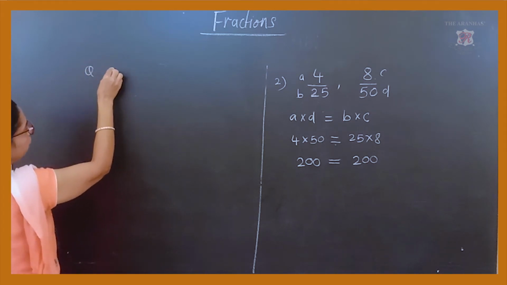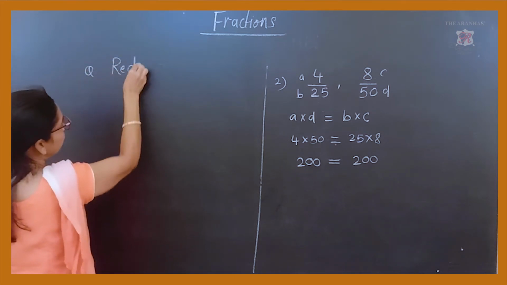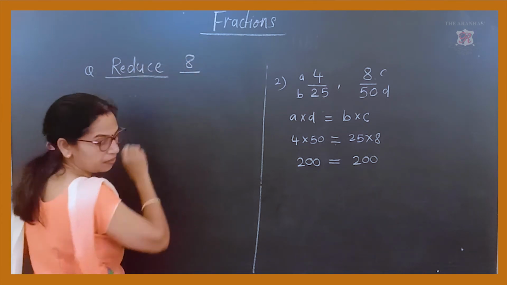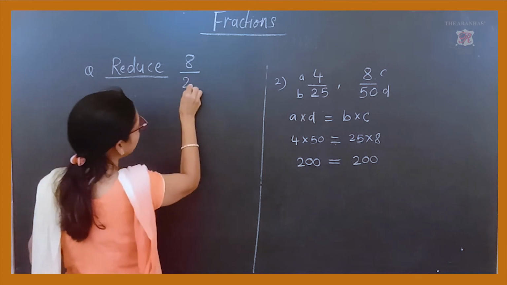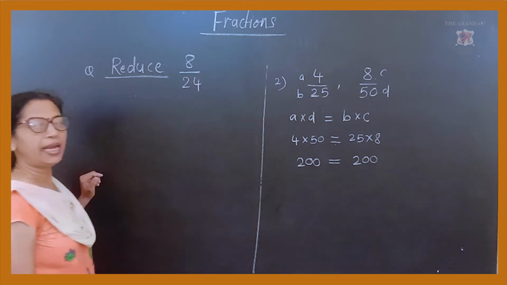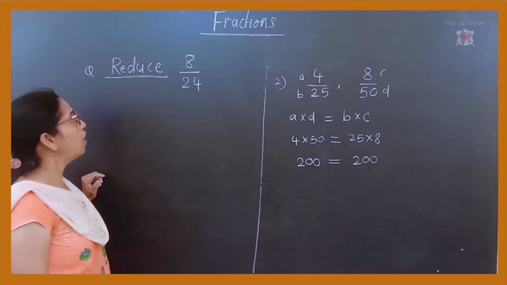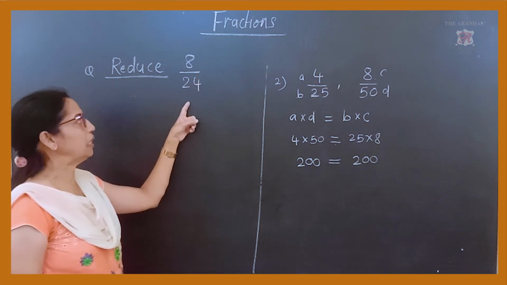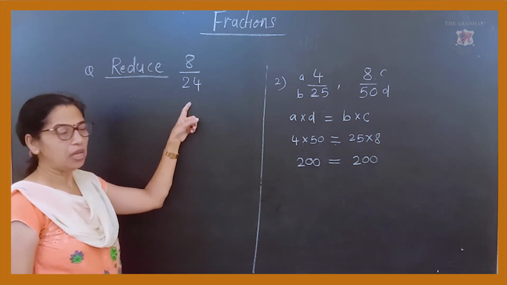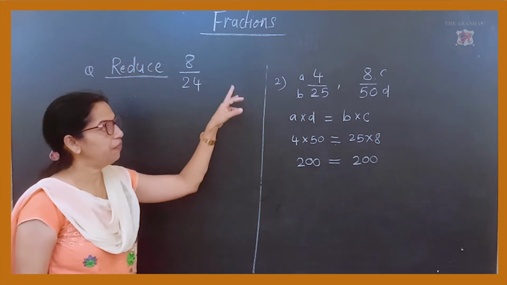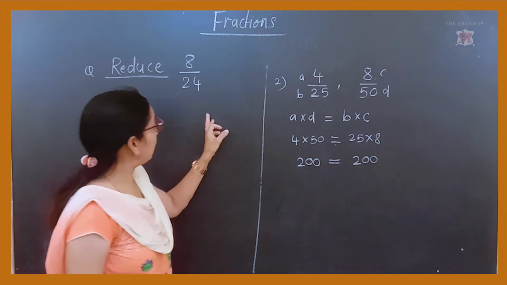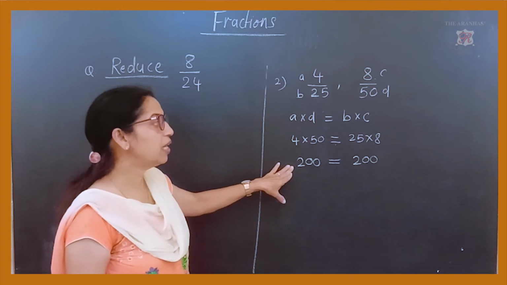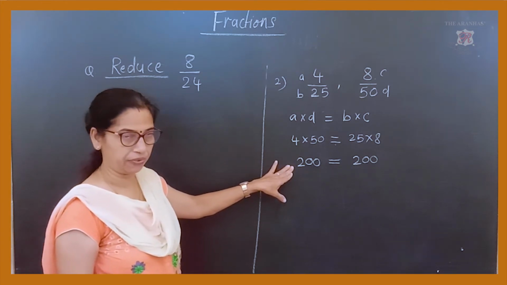Now the question is: reduce the given fraction 8 upon 24. When such a fraction is given and you are asked to reduce, previously we have seen by the cross multiplication method whether fractions are equivalent or not.